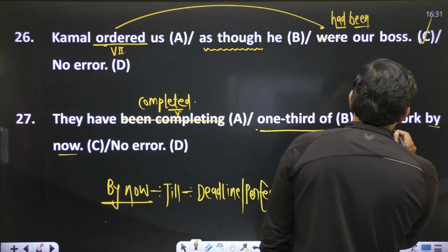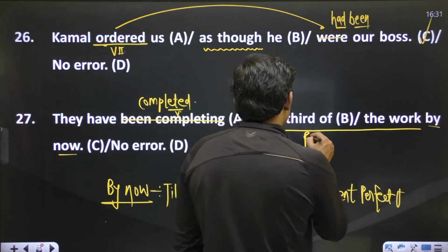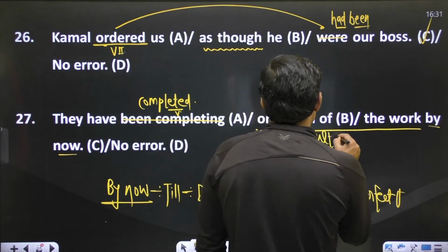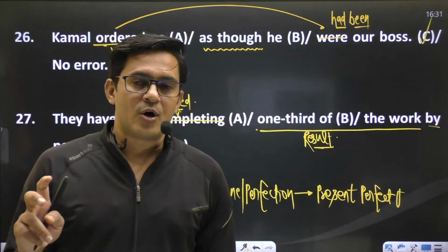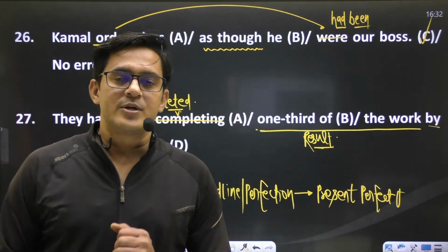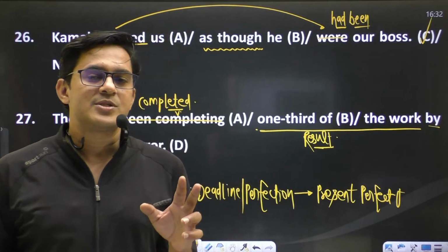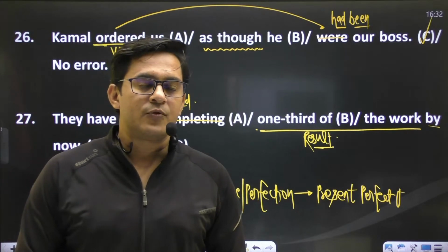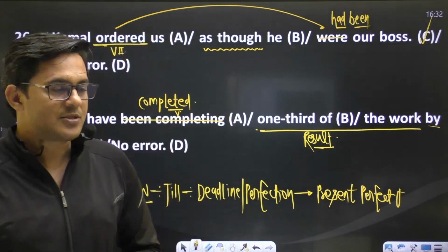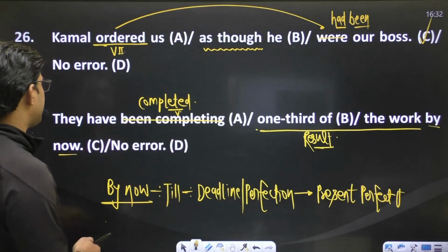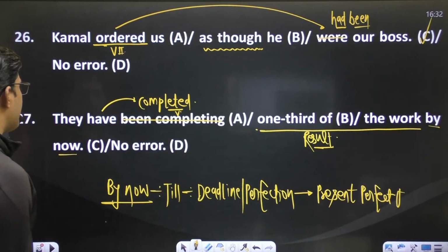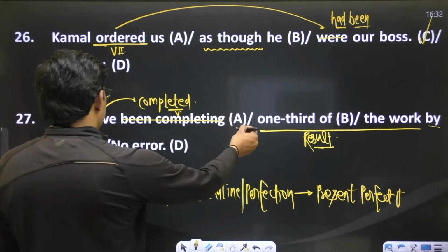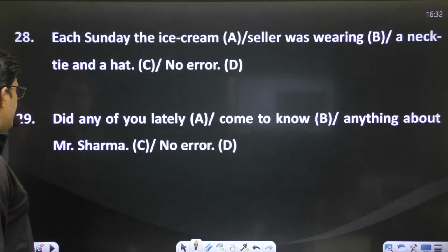Whenever the stress is on result, when your entire focus is on the result, we don't use perfect continuous. In place of perfect continuous, we use perfect tense. So error will be in part A. Okay, move to the next one.